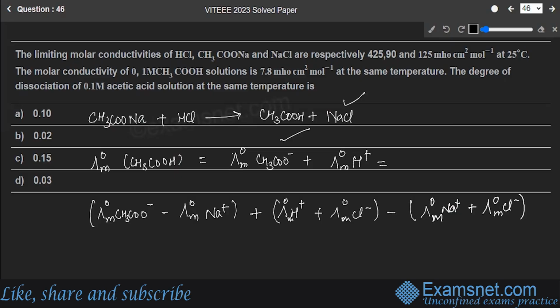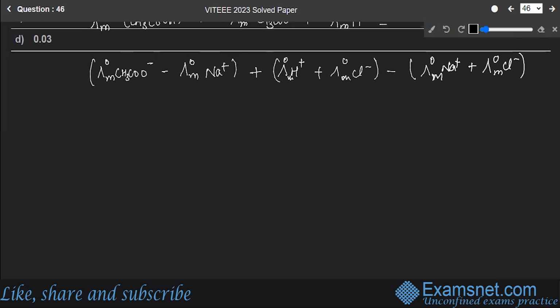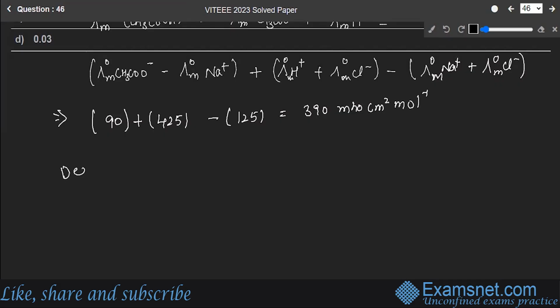So now you are given all the values. Let's feed in the values. This is equal to 90, 425, 125. This is 390 mho centimeter square per mole. What you have to find out is degree of dissociation alpha.